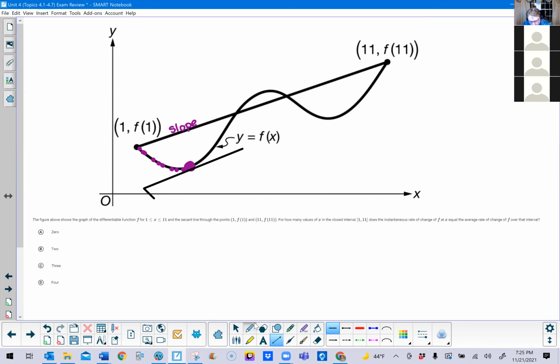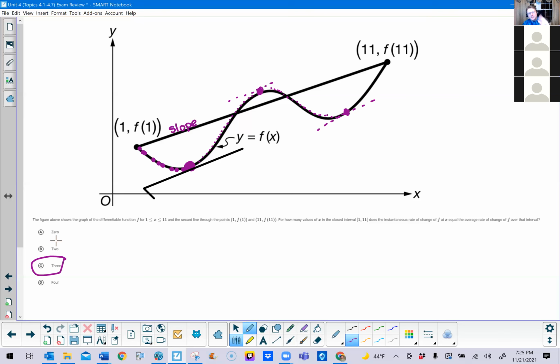And if we kept moving, we're going to get slopes that are steeper and steeper, not parallel. But then when we get right here, possibly another tangent line would be parallel. And then we're going to have negative slope, negative slope, negative slope, and then zero slope. And then maybe another point right about there where we're going to be equal again. And so the answer to this is 3.